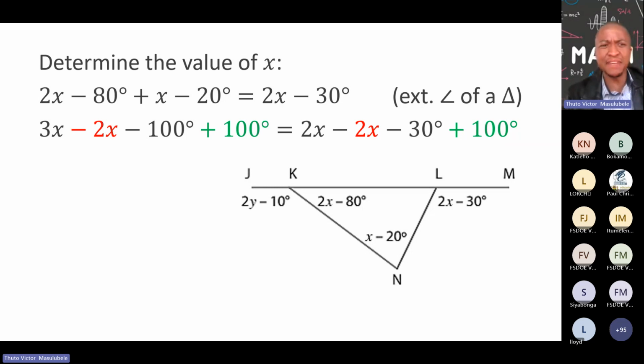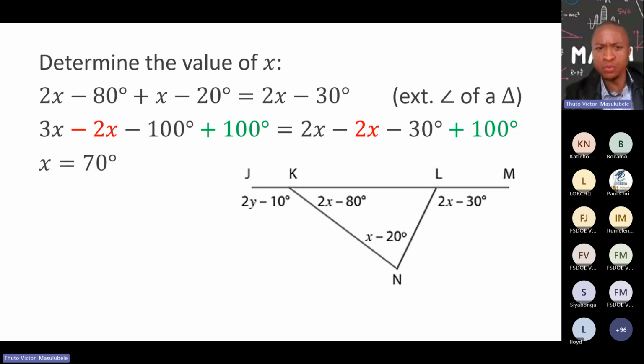And then negative 80 minus 20 will give us negative 100. So then what we need to do is that we need to isolate for x. So we'll check what we've done. We have now subtracted 2x both sides. And then we have added 100 on both sides in order for us to be left with x is equal to 70. So here it's just a matter of adding your like terms and then simplifying your expression as well.